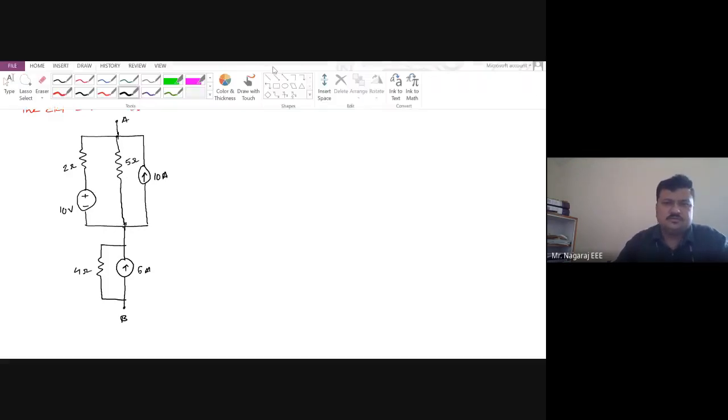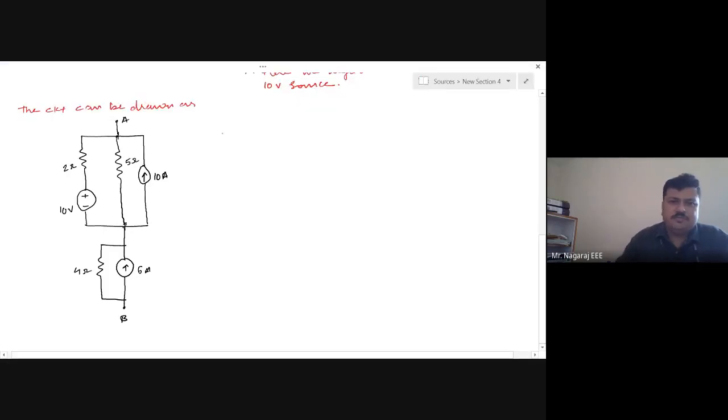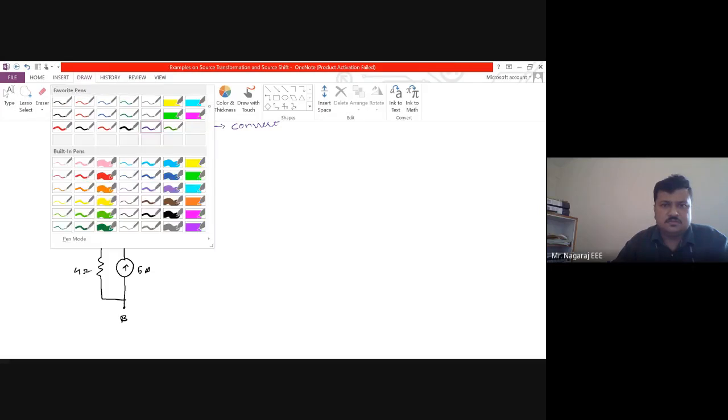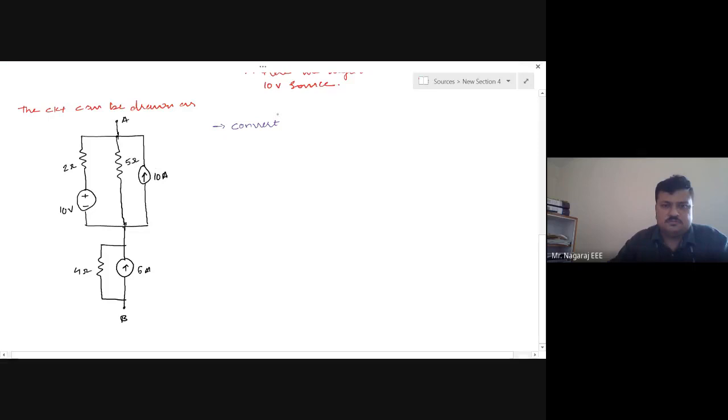Okay. So what I will do is here, convert 6 ampere 4 ohm into voltage source and 10 volt 2 ohms into current source.